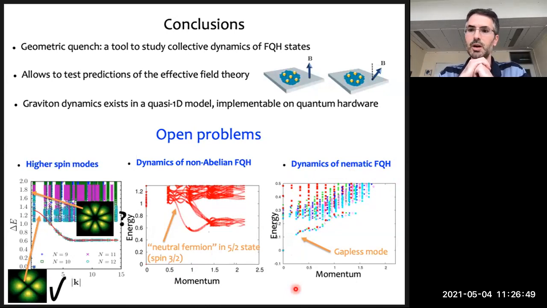We're not quite sure how to measure the metric in that case because we don't have a variational wave function which works well for that case. But it's certainly something that's very interesting to think about for future work.